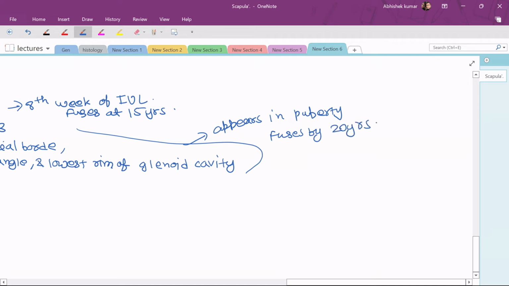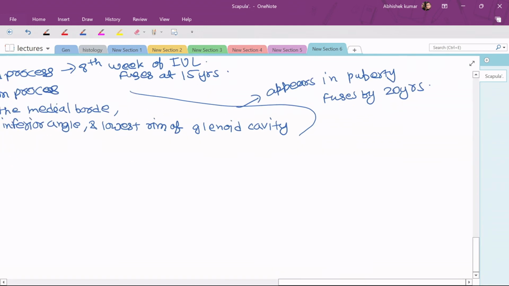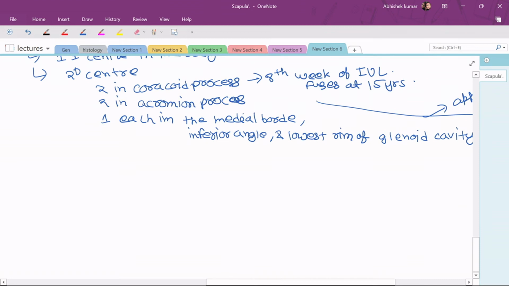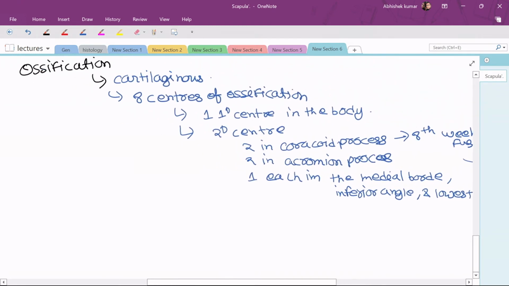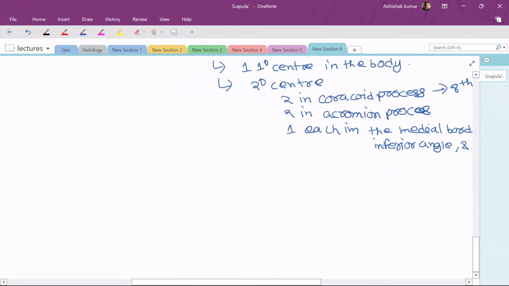So at this stage, when you are almost 19, 20 or 21 years old, you have 3 or 4 ossification centers which are actually fusing in the scapula, and further ossification of the scapula will not take place after they fuse. So don't break your scapula.